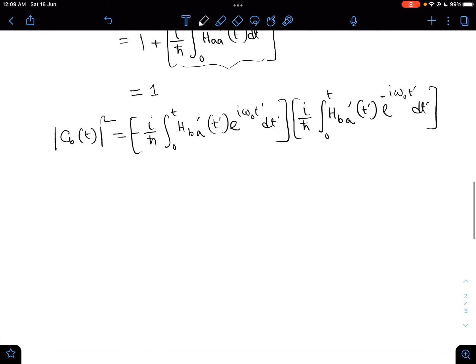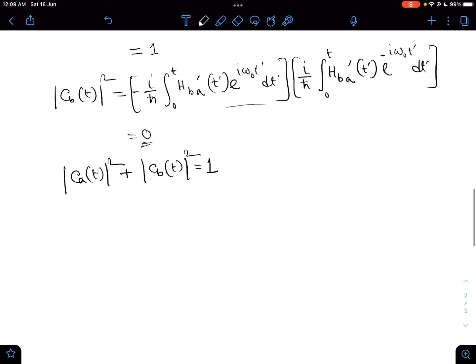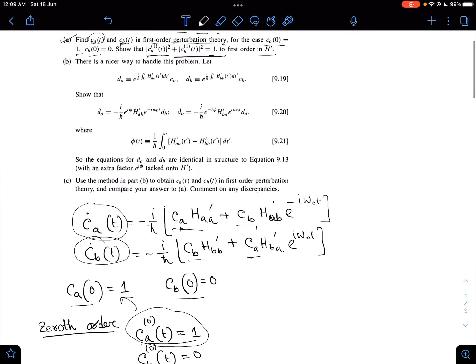So this term will give us 0. If we calculate |C_A(t)|² plus |C_B(t)|², it will give us 1. So this is trivial. If you do the calculation, you will easily get this to be 0, and we are done with the first part of the problem. So now let us proceed with the second part.